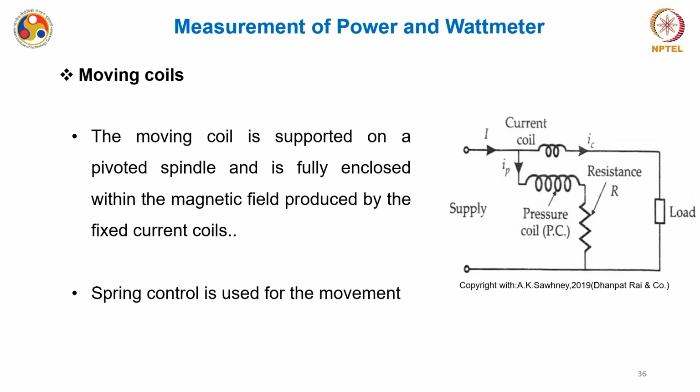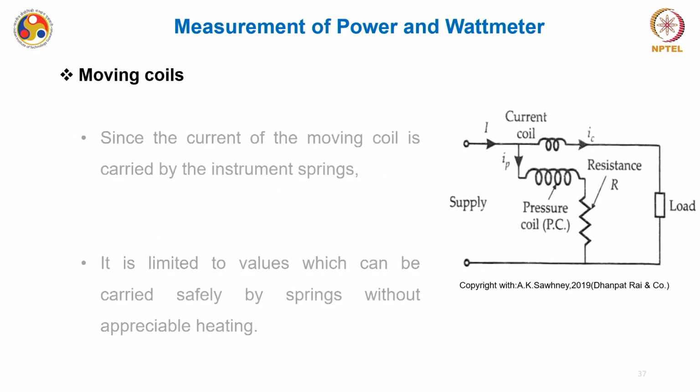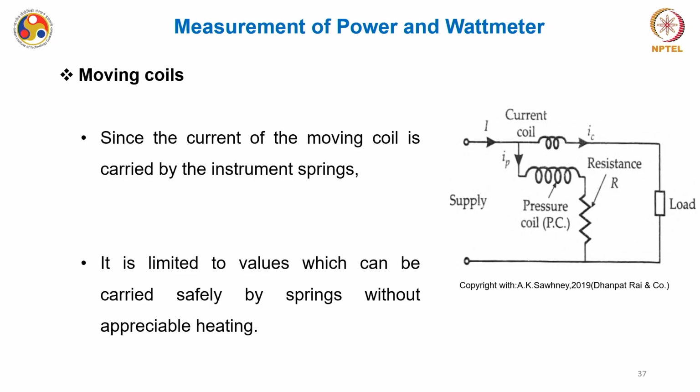The moving coil is supported on a pivoted spindle and is fully enclosed within the magnetic field produced by the fixed current coils. Spring control is used for the movement. Since the current of the moving coil is carried by the instrument springs, which are phosphor bronze springs, it is limited to a value which can be carried safely by the spring without appreciable heating.